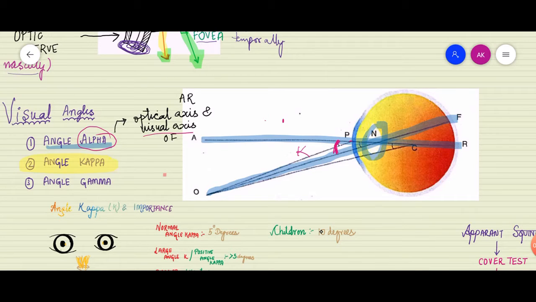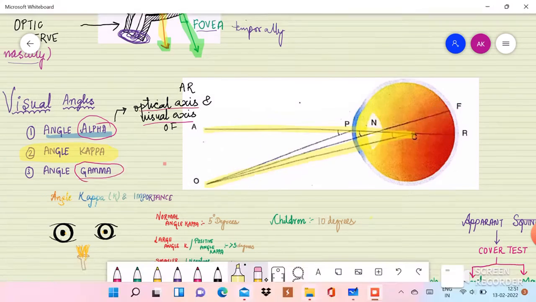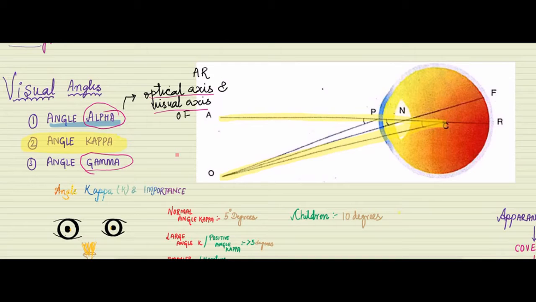In that case also you should not get confused, and you should know that the pupillary axis is also called the optical axis. Now angle gamma is the angle which is formed between the optical axis and the fixation axis, and formed at the center of rotation of the eye.